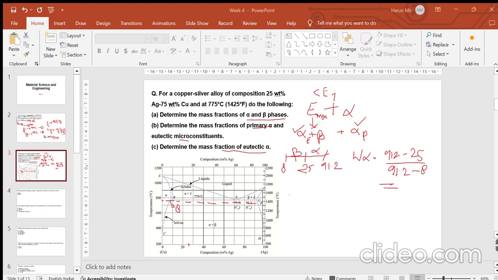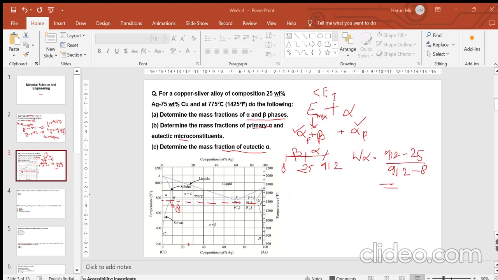So for primary alpha, because we are in this region of 25%, we have to calculate the primary alpha. If you closely see the diagram, the liquid from this region has transformed to alpha plus liquid. That means all the primary alpha that was to be transformed has transformed in this region, and then we are only left with the liquid, and that liquid will then be transformed into our eutectic mixture, right?